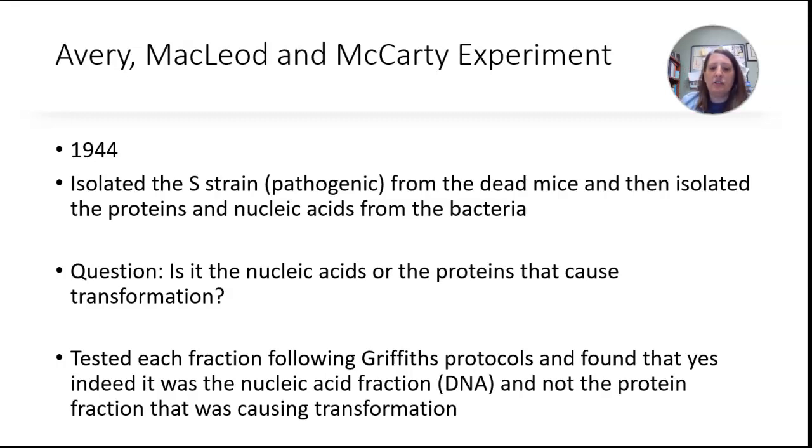And what they did is they took the pathogenic bacteria from the dead mice, they had many, and they cracked open the pathogenic bacteria, and they isolated and separated out the protein and the nucleic acid portion. And so now they had just protein and they had just DNA.